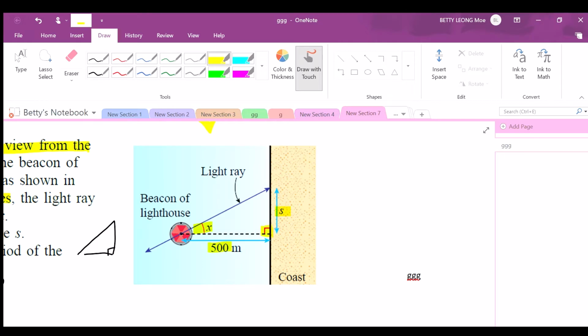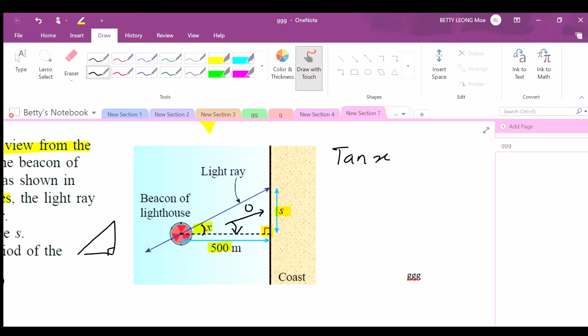So of course, when you have all this information, what comes to your mind is Pythagoras Theorem. So you can write an equation. If this angle is x, this is opposite, this is adjacent. So of course you use tangent.